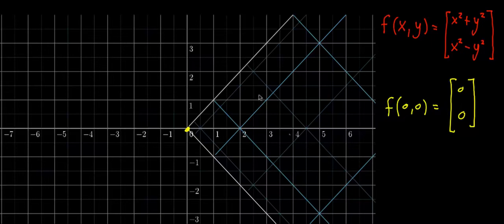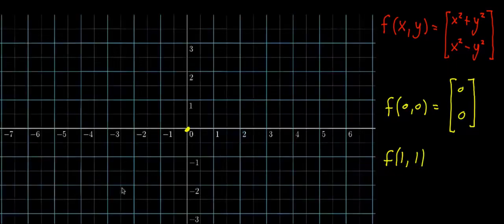So let's look at another example here. Let's take a point like (1, 1). f of (1, 1). So in the input space, let's just start this thing over so we're only looking at the input. In the input space, (1, 1) is sitting right here. And we're wondering where that's going to move. So when we plug it in, x squared plus y squared, that's going to be 1 squared plus 1 squared.